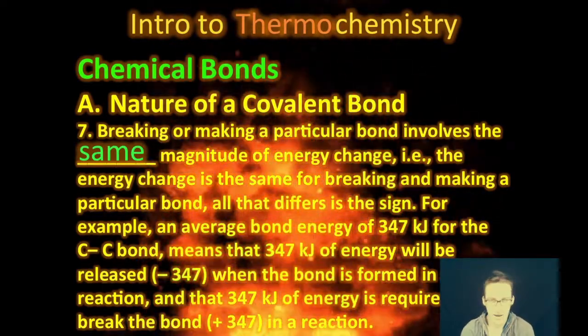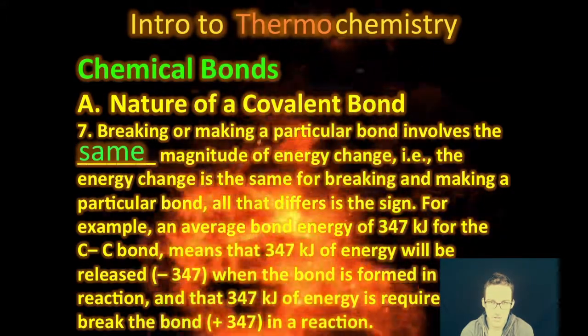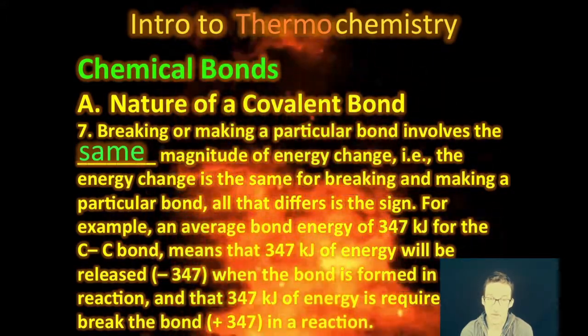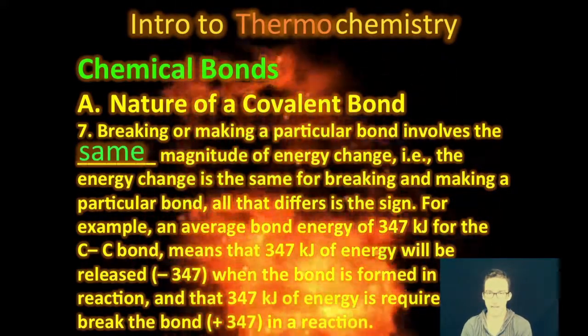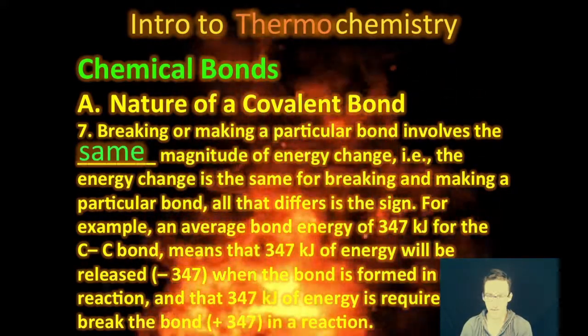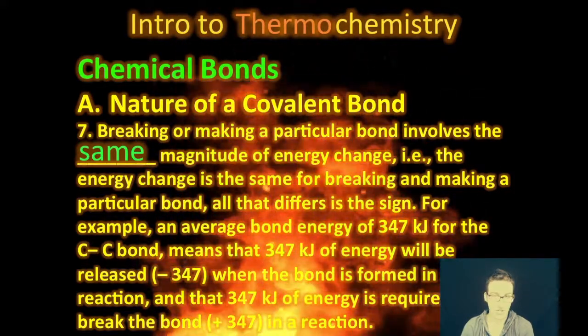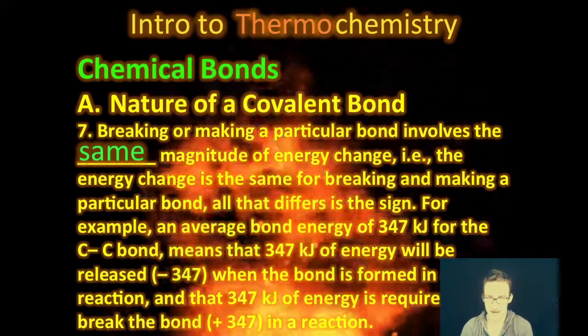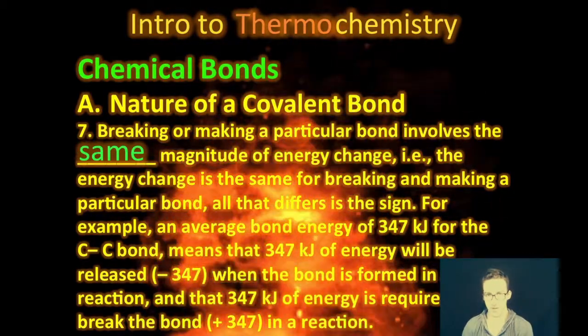But when you're thinking about what energy is released, you may have to flip that sign. It'll make a lot of sense when we work through a couple of problems, but just keep in mind that making or breaking the bond involves the same amount of energy, just the sign is different, indicating whether energy is being put in to break the bond, or released when that bond is formed.